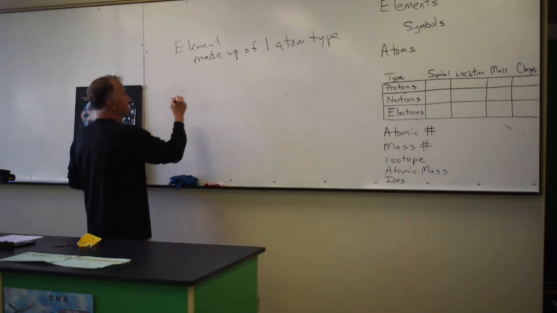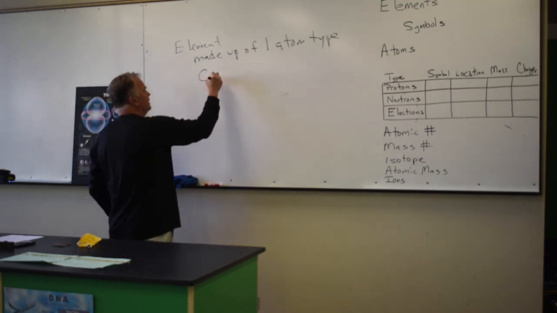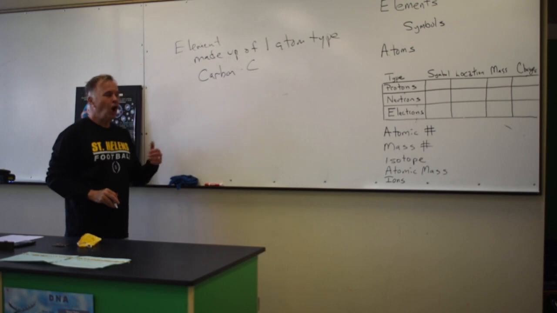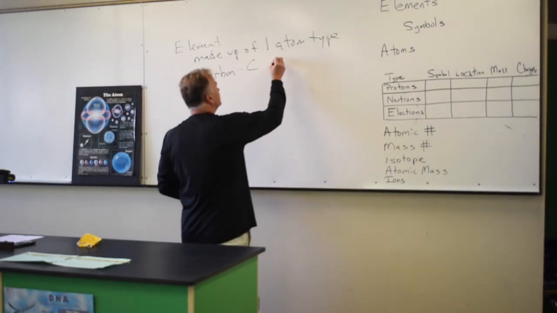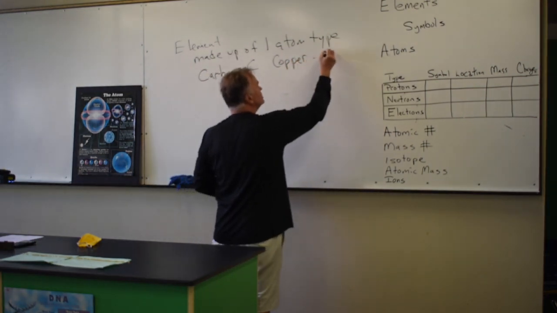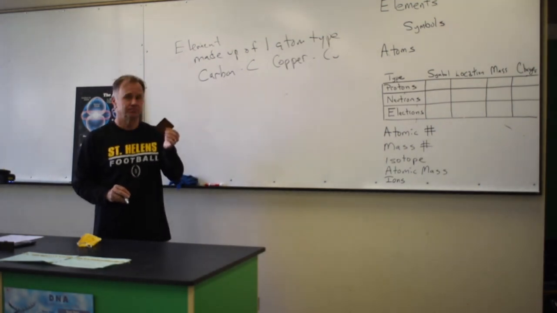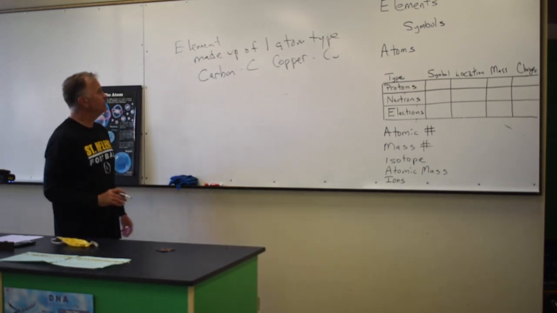For example, we just had carbon up there, so for carbon we just use C. The element carbon just has carbon atoms. Copper is Cu, and it's just made up of copper atoms. So we use those symbols to simplify things.